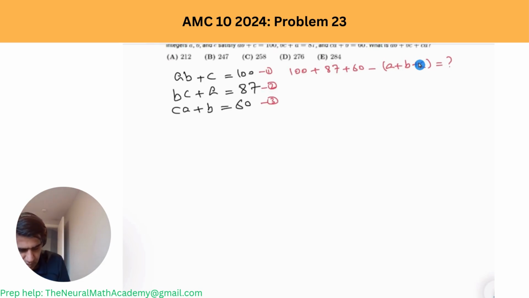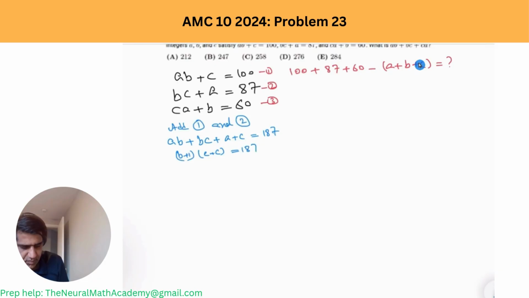So now I will add 1 and 2, and I get AB plus BC plus A plus C equal to 187. And if I factor, then I can write B plus 1 times A plus C equal to 187.